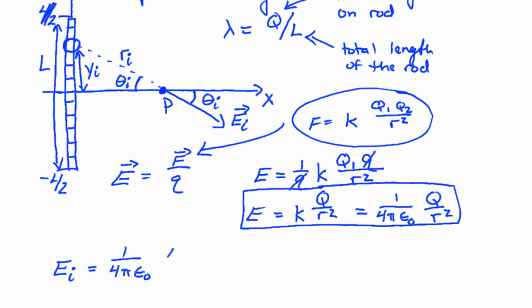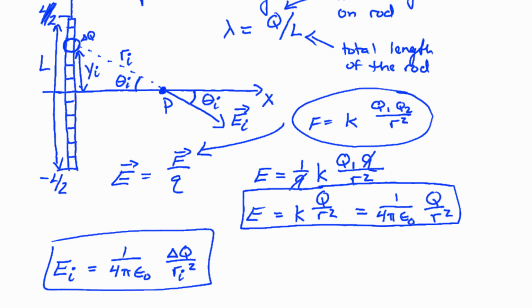So the electric field due to the ith piece is going to be whatever tiny charge is on that little piece over the distance from that ith piece to point P. So again, I'm focusing on this one little segment here. This one little segment has some fraction of the charge, and I've already shown the distance there.